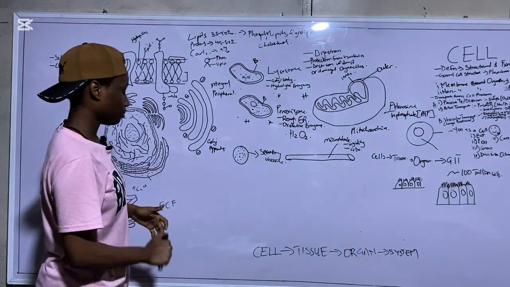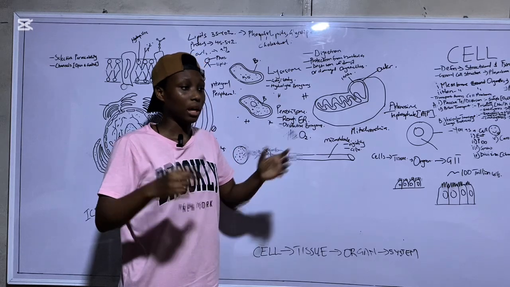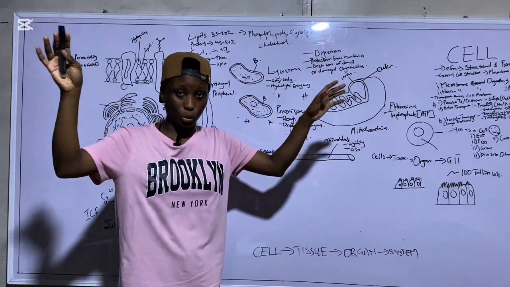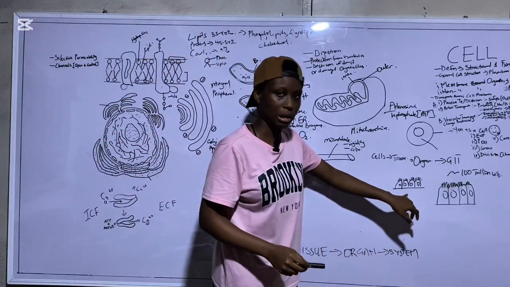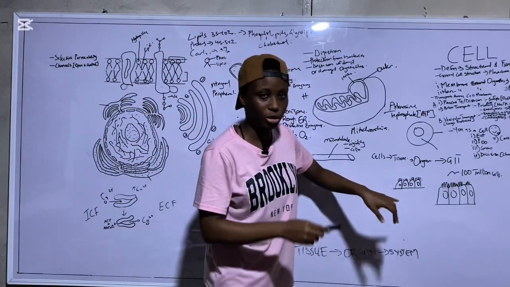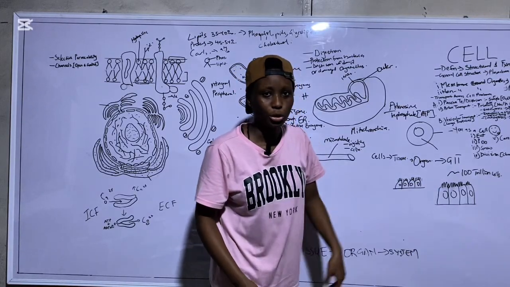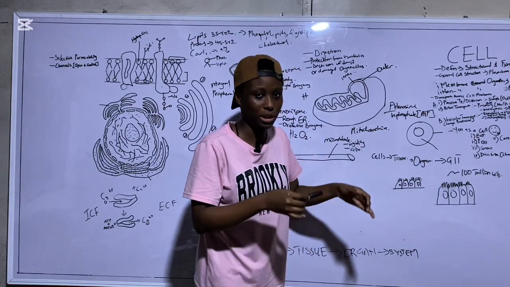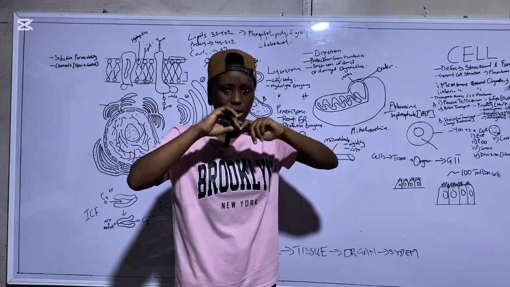Number two function of that carbohydrate molecule is that it acts as a receptor for signaling. According to this diagram that I put here, cells are not just in isolation, they are beside each other. Hormones are a great example.